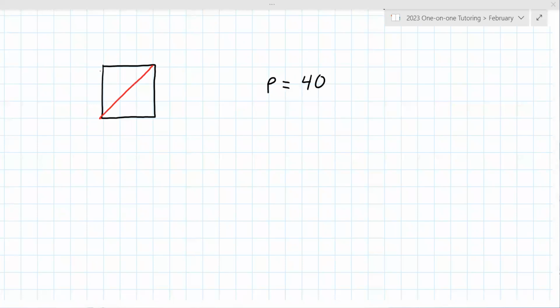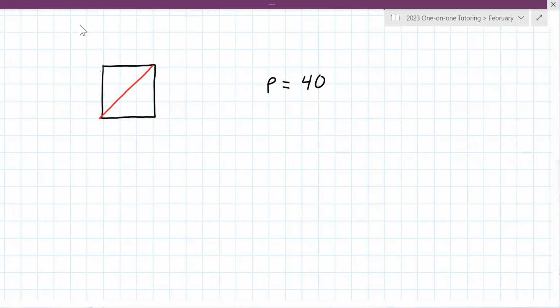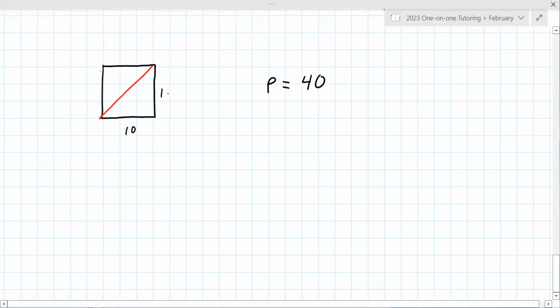It would be 200, and I do 2 times 100, 2 times 50, 2 times 25, and then 5 times 5, which would give me 10 square root 2. Yeah, the side lengths are 10 and 10, and you'll learn soon enough why that's 10 root 2.